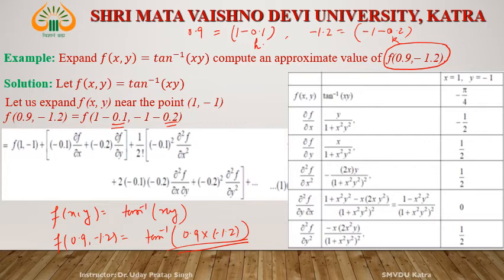Then what is the point? What is our point? Our point is a plus h, b plus k. What is a? 1 minus 0.1, and b is minus 1 minus 0.2, right?